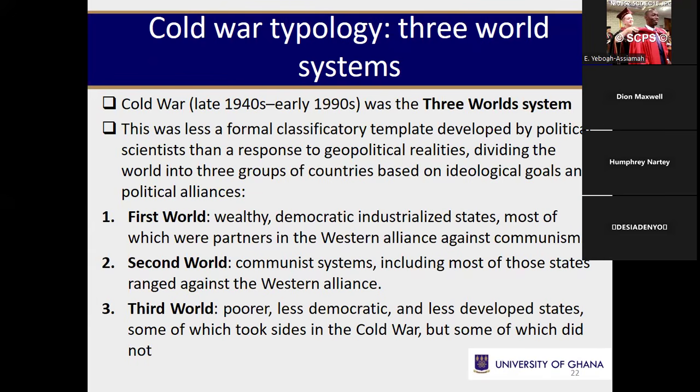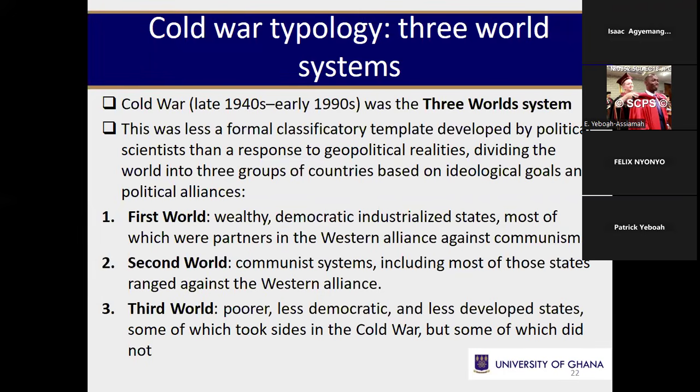These were poorer states, less democratic, less developed, some of which took sides in the Cold War, but some of which did not. These were mostly poor African states and others in Latin America or the Caribbean.